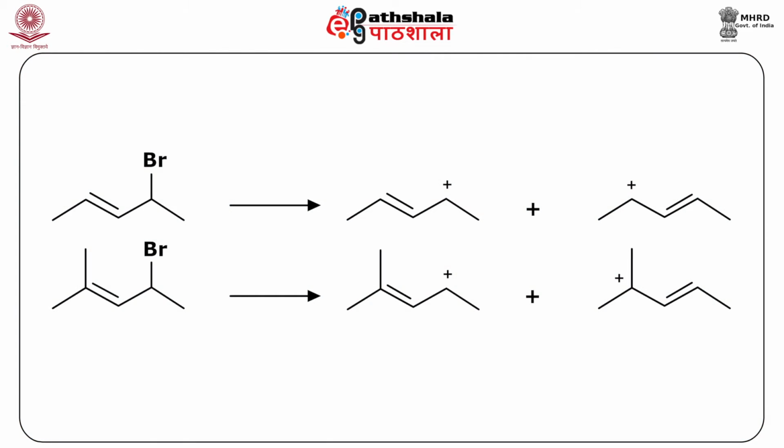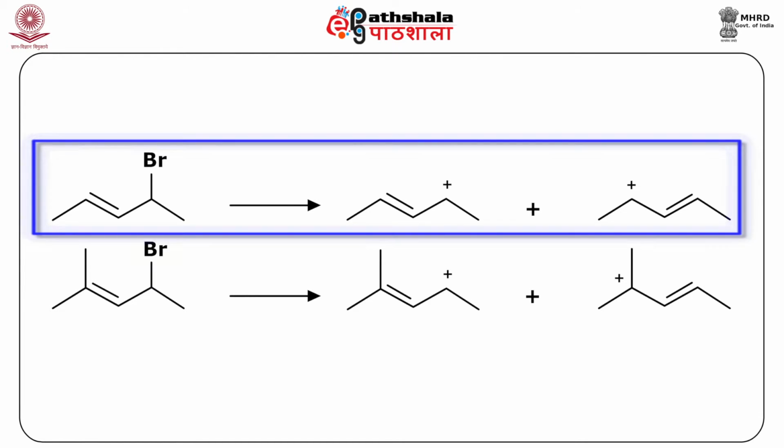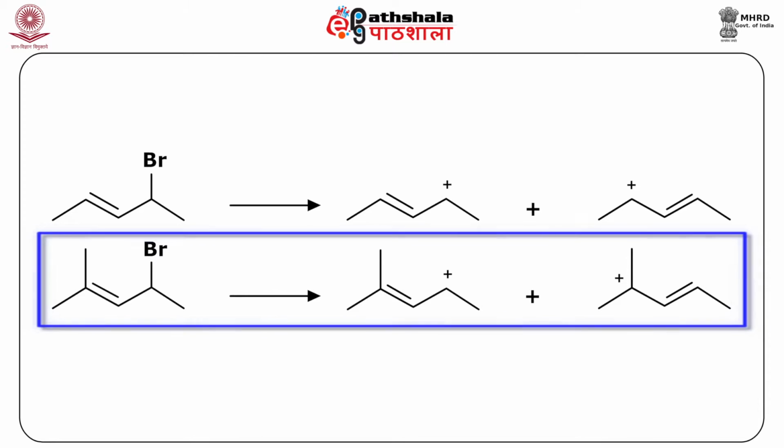For example, the allylic carbocation can form two different resonance structures. Both are available as reaction sites, as can be seen in the figure. In the first example, we end up with similar carbocation intermediates, but we have a different situation in the second example where we have a secondary and a tertiary carbocation intermediate.